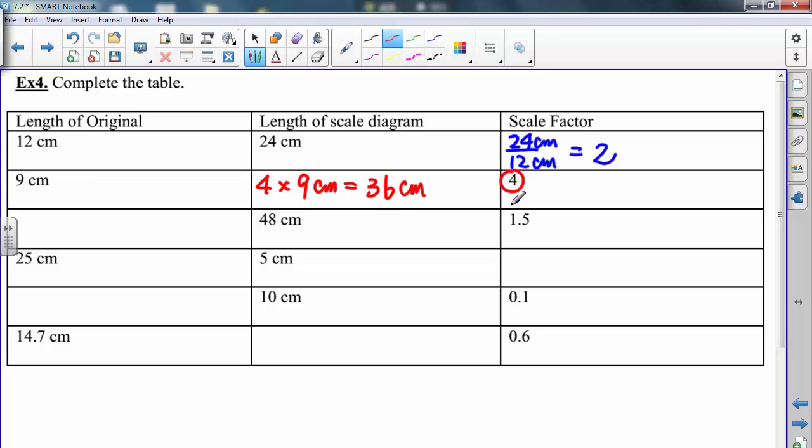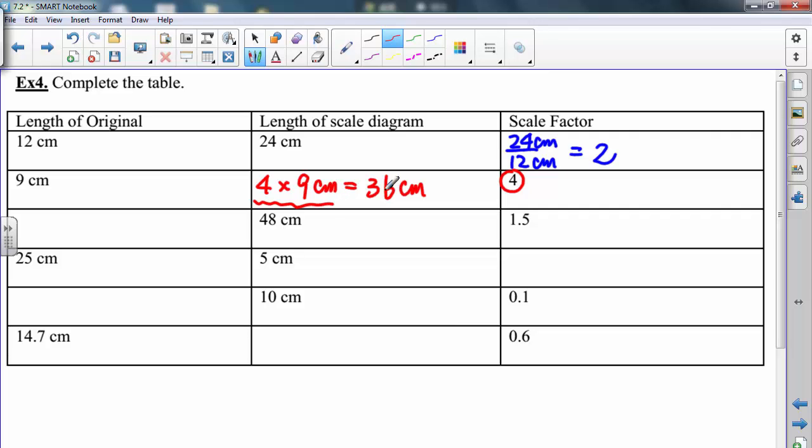Because this scale factor is 4, which is larger than 1, the scale diagram should be an enlargement of the original diagram. If it is an enlargement, the length of the scale diagram should be longer than the length of original. So this is the reason why I need to use multiplication to find the length of scale diagram.